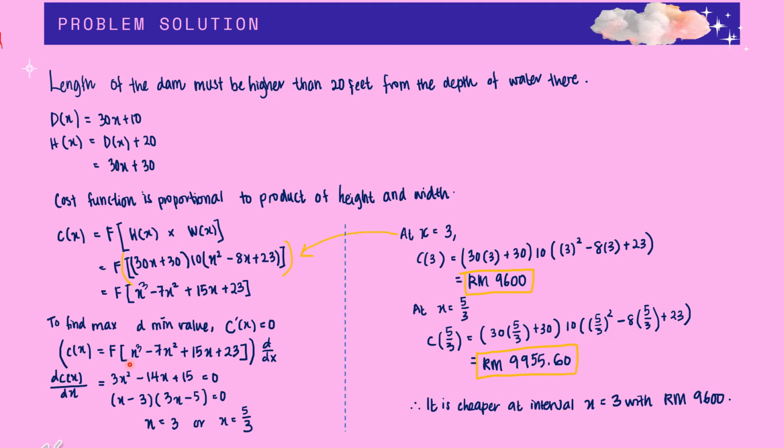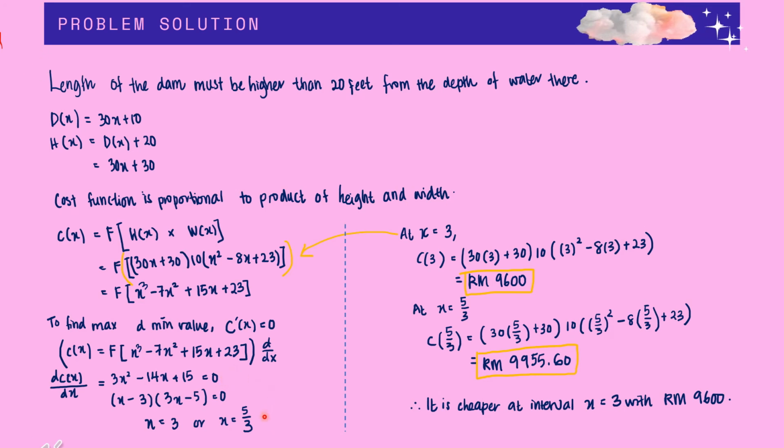So x cubed: the 3 goes in front, and the power 3 minus 1 equals 2. The same goes for negative 7x squared: the 2 goes in front, so 7 times 2 is 14, and x to the power of 2 minus 1 equals x. And 15x, because the power of x is 1, 1 minus 1 is 0. And 23, the power of x is 0, so 0 minus 1 is negative, so therefore it's not there.